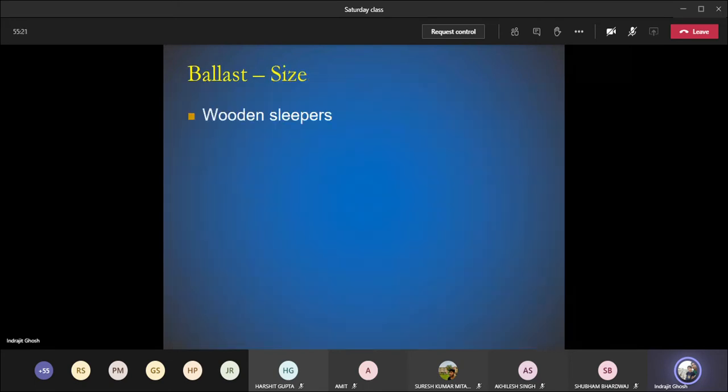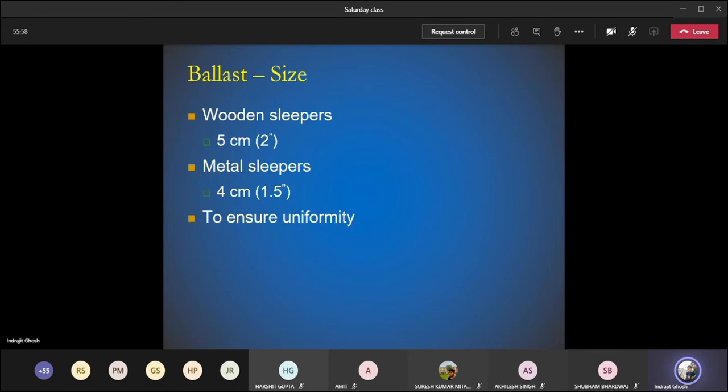Now, what is the size of the ballast? When we say that broken stone is the best one, now you know from your knowledge of highway engineering that we need to know the size of the ballast as well. So it has been observed that in case of wooden slipper, after several investigations, they prescribed a size of 2 inch or 5 centimeter, whereas in case of metal slipper, they thought that the material of the slipper is of better quality, and so they decreased the size to 1.5 inch or 4 centimeter.